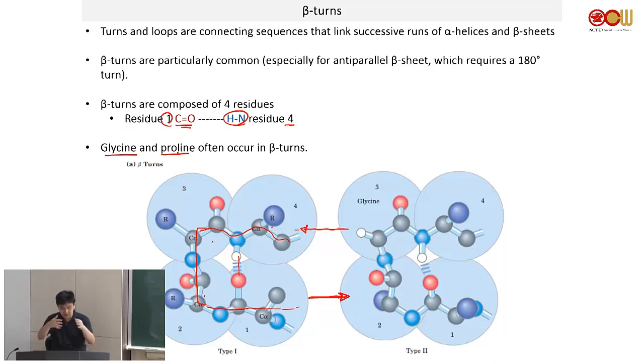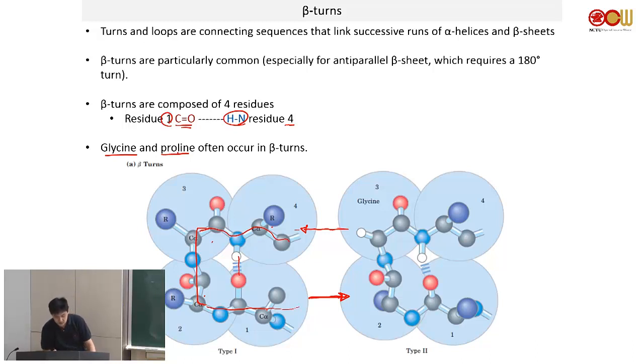So proline is restricted. Glycine, now you'll be wondering, how come glycine? Glycine is flexible, and it's capable of larger twists in the bond angles, such that you can have a rapid turn.